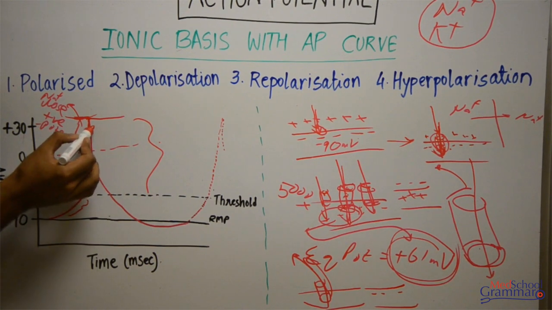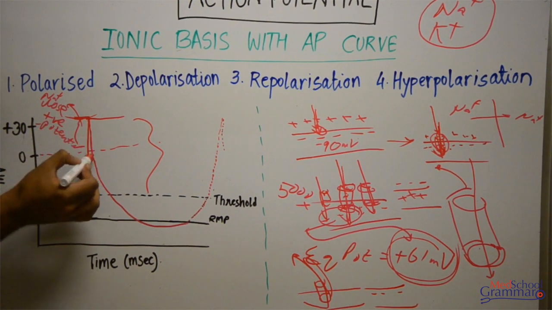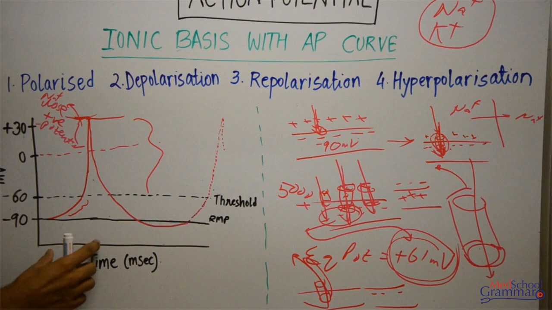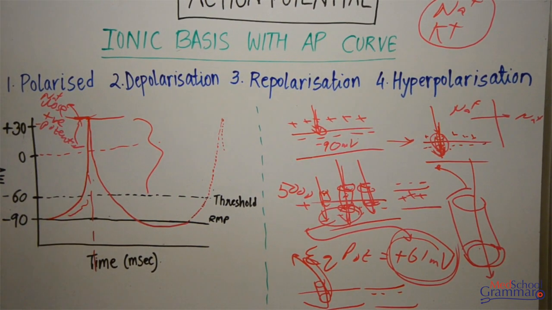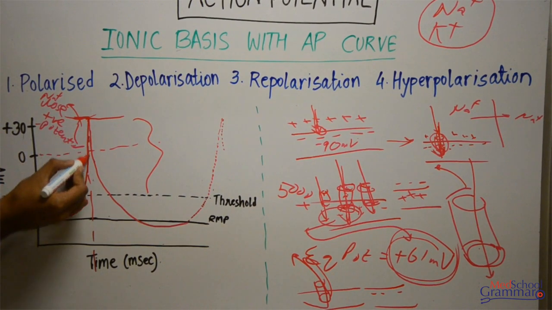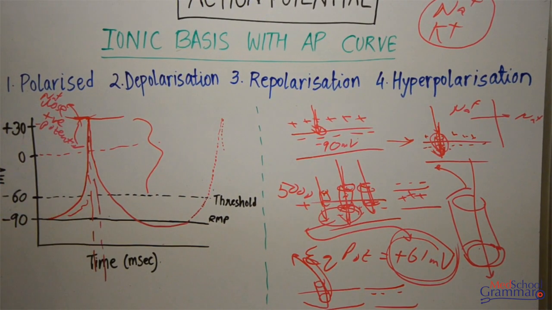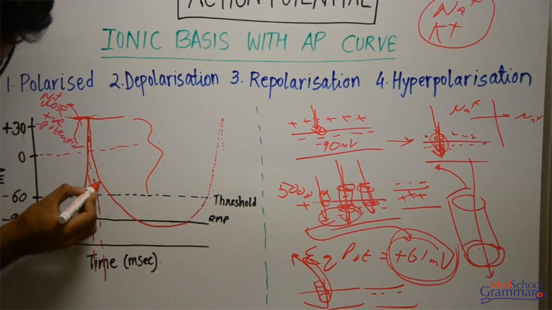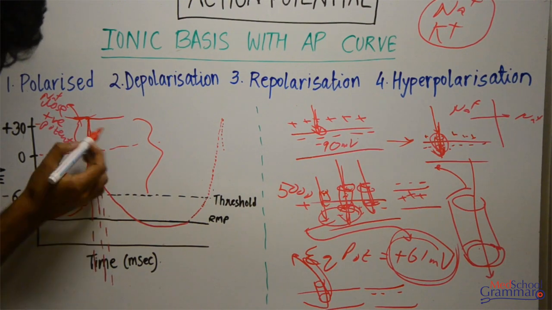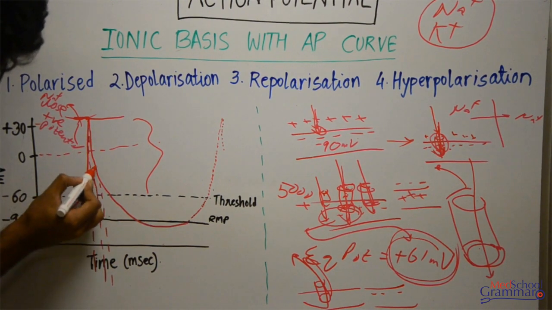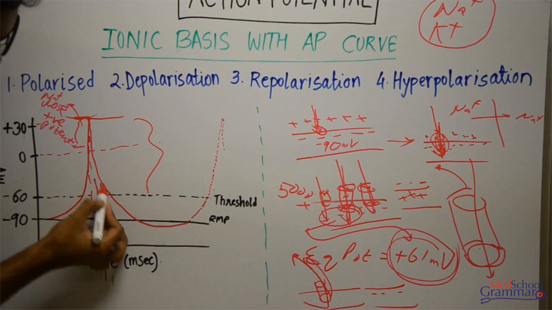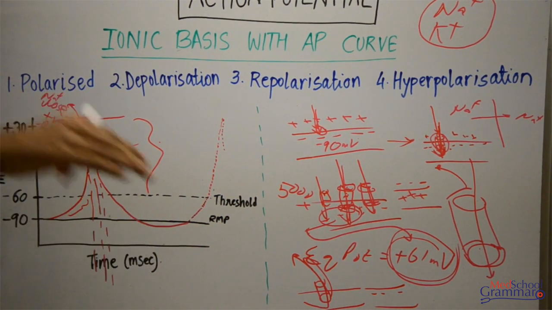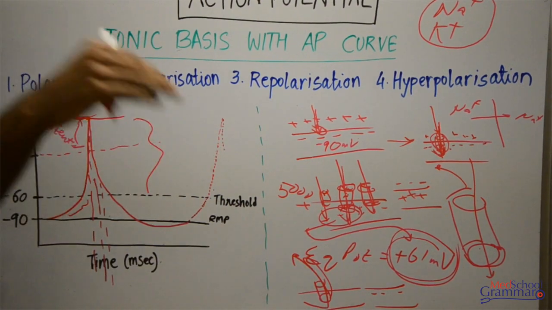If you notice closely, initially it is very rapid, since this is time in milliseconds. This is depolarization, and the center of this spike is where depolarization ends and repolarization begins. In this very steep slope, repolarization is very quick. Later, towards the later part, repolarization is slow.